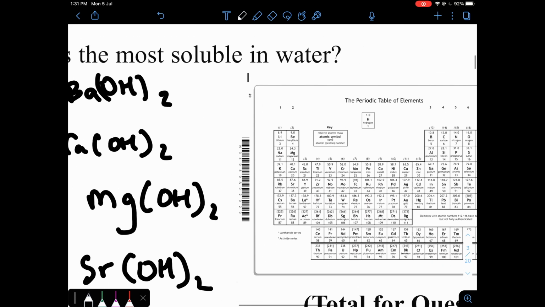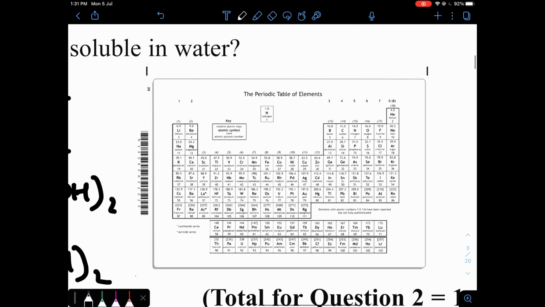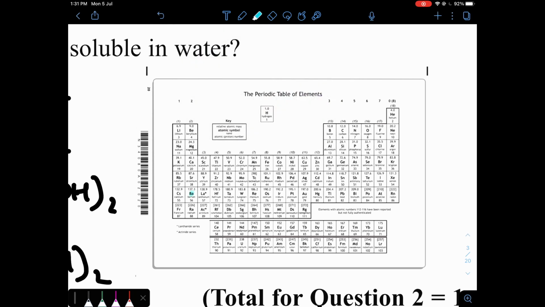So this is what we've been given, right? We have barium, calcium, strontium, and magnesium.